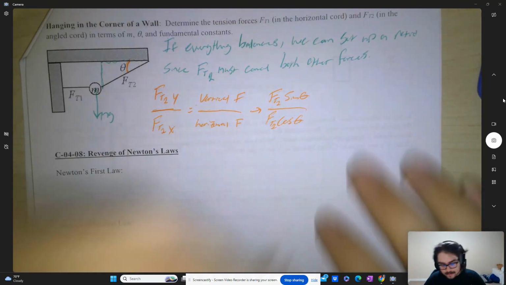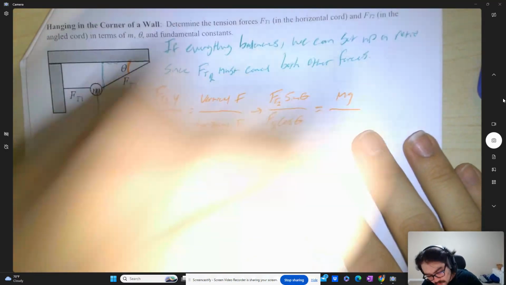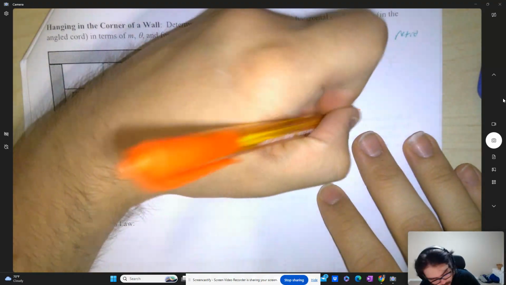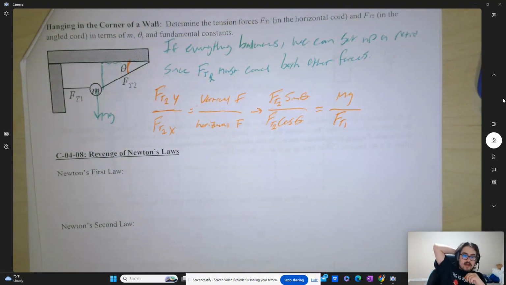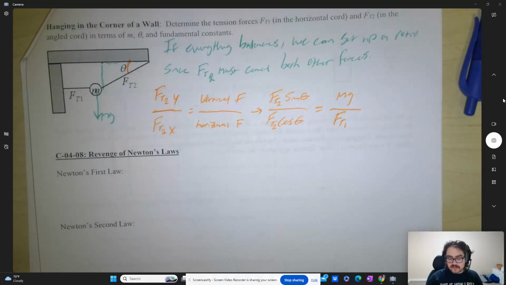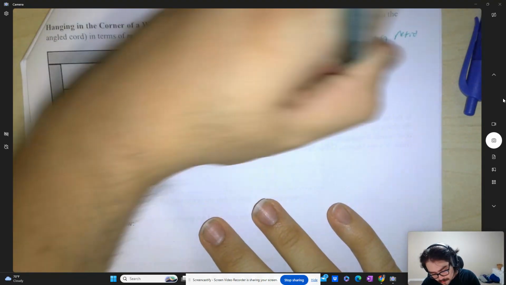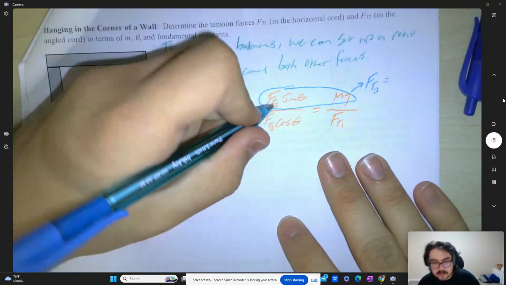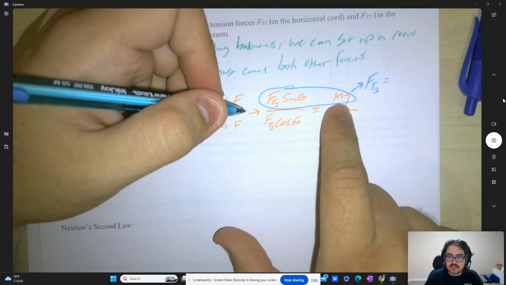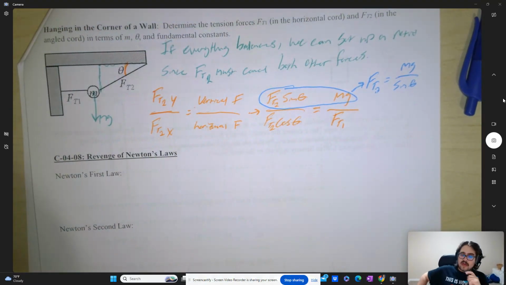We set that equal to the vertical forces, which is mg, over the horizontal forces, which is ft1. Right off the bat, if these two have to be equal, then we can get an expression for ft2: if we set ft2 sine theta equals mg and get ft2 by itself, it's just mg over sine theta. That's all you've got to do for that.